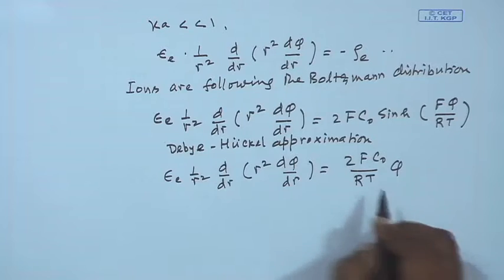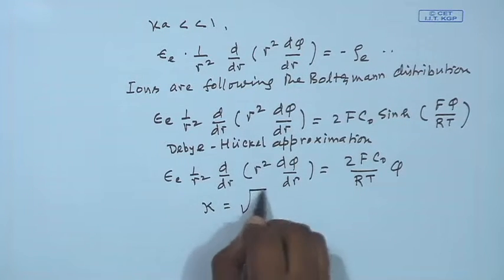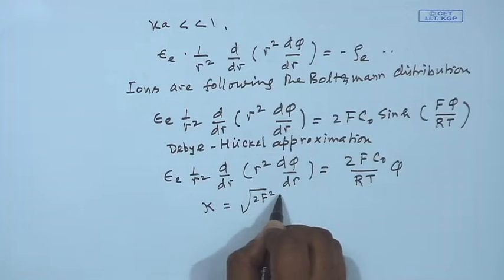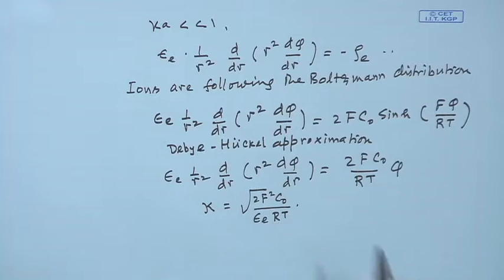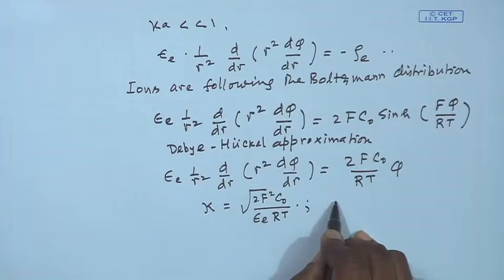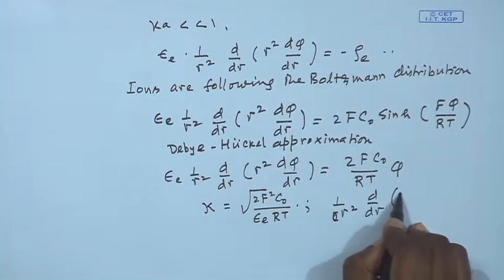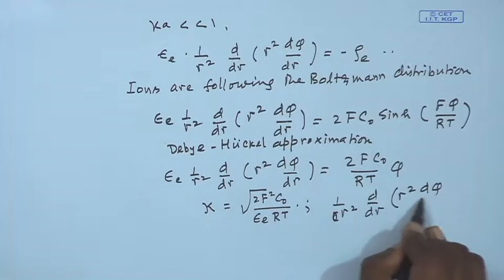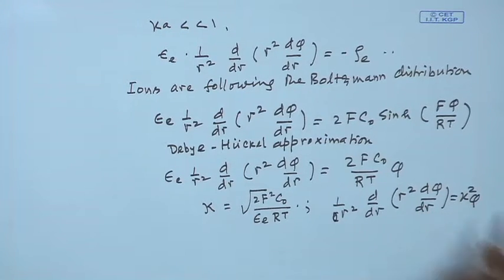Let us define the inverse of the Debye length, kappa square, as 2 F square c 0 by epsilon e R T. So this equation becomes 1 by r square d dr of r square d phi dr equal to kappa square phi.